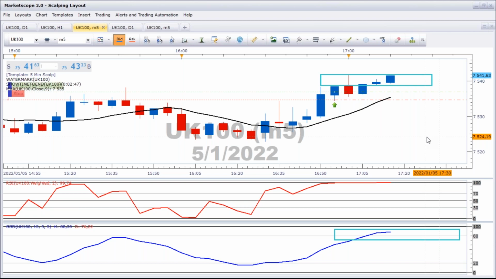Okay, it's 2:48. We'll get another candle. Bulls are now trying to make a move. Do they have the strength? Let's see.